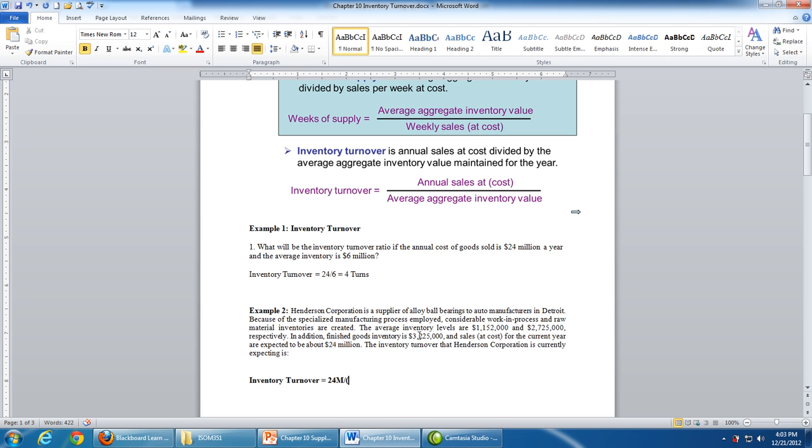Average inventory has 3 parts. Aggregate inventory includes 1.152 and 2.725, which is work in process and raw material. It has finished good for 3.225. So we're going to add those 3 parts together.